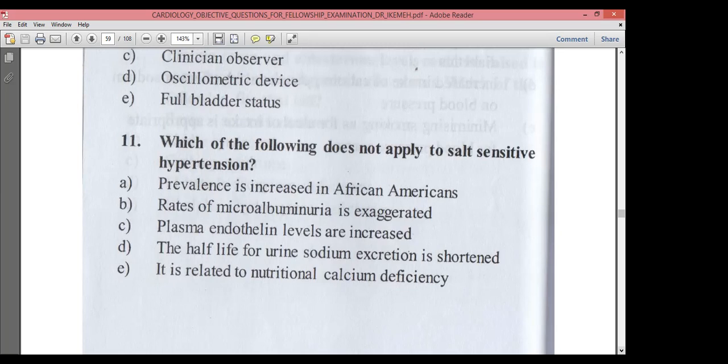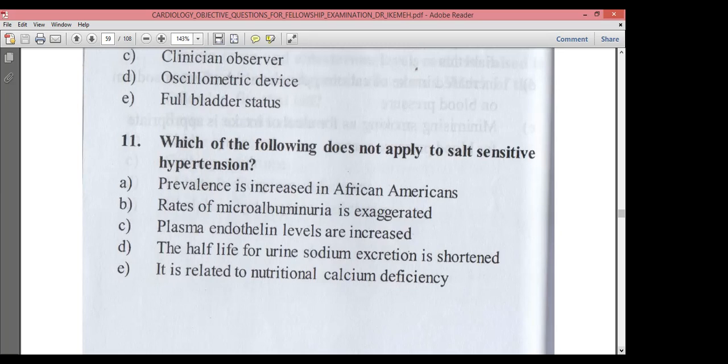That is also true. They tend to develop hypertensive nephropathy at a faster rate compared to those without salt-sensitive hypertension. Plasma endothelin levels are increased. That is also true.